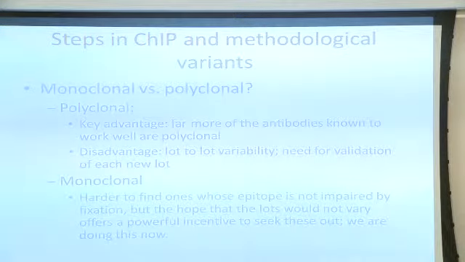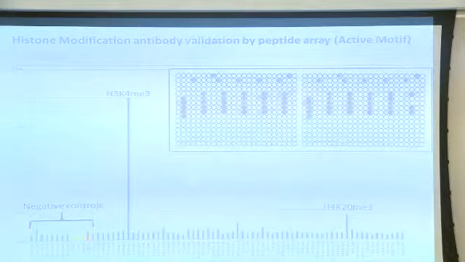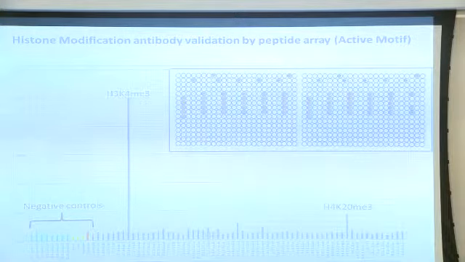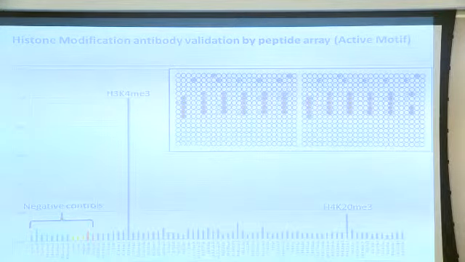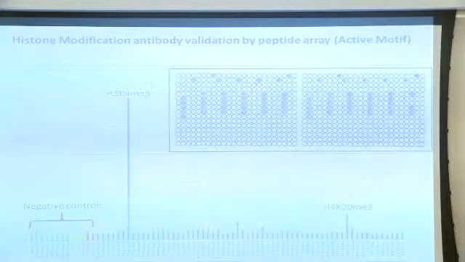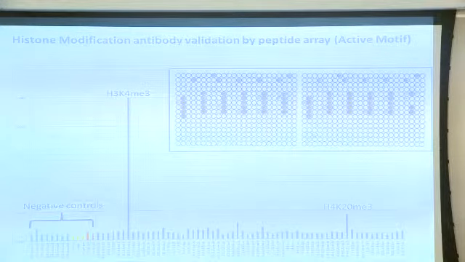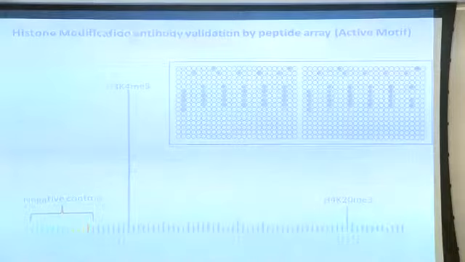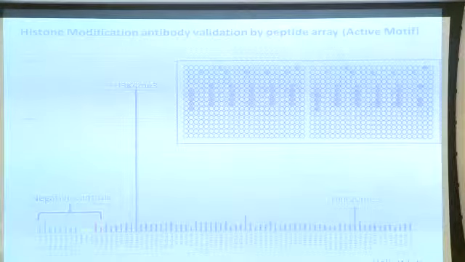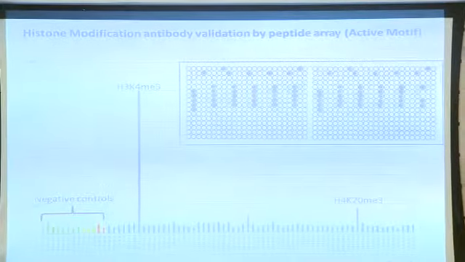Now, I mentioned the need to do validation. Here's one of Holly's slides showing our favorite method at the moment for how we do the validation of antibodies that recognize histone modifications. That is using this array of modified peptides that we purchased from Active Motif.